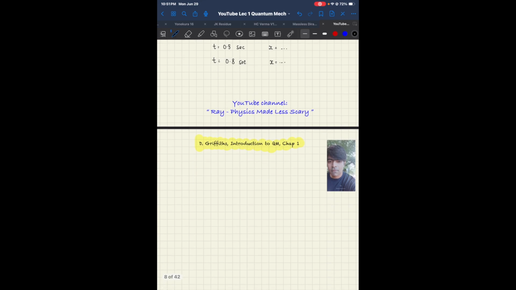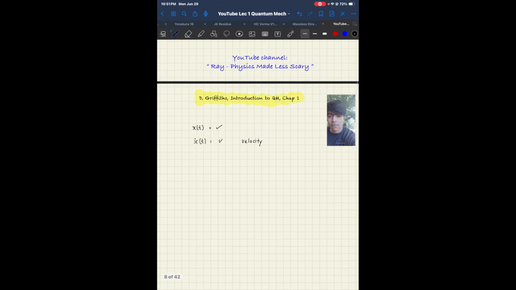And you can do a lot better. If I know x of t, I know what x dot of t is, the derivative, and this is related to velocity. For example, say your x of t is 5t squared plus 3t. You can ask me what the velocity is. Well, it's simply 10t plus 3.